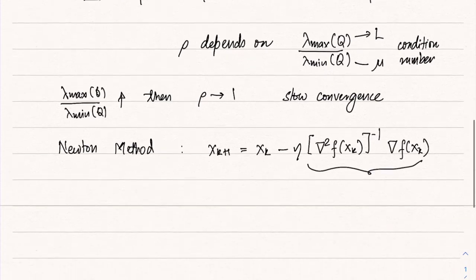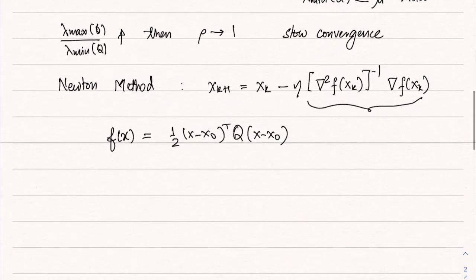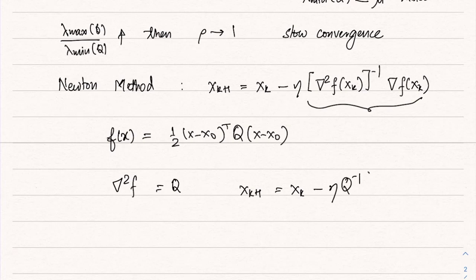And for instance, in the quadratic case, if you say f(x) is x minus x naught transpose Q times x minus x naught, then it is easy to see that the Hessian here is Q, and therefore the Newton descent updates are given by x_{k+1} equal to x_k minus eta times Q inverse, and then the gradient, which is Q times x minus x naught.